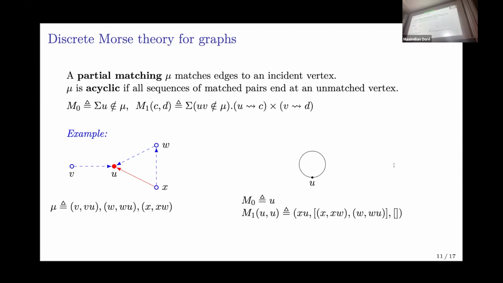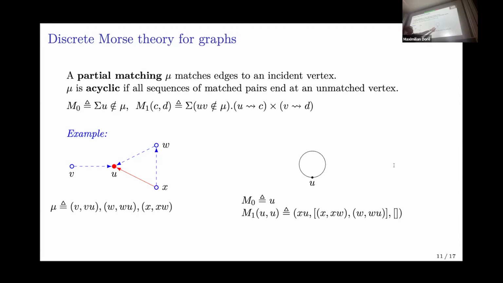So here in our graph, we matched everything apart from this line here and the U, right? So we expect that our Morse complex has 2 cells, namely something corresponding to U and then something corresponding to this edge here. And this is really what we have.